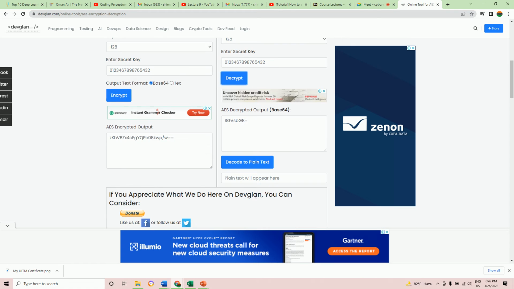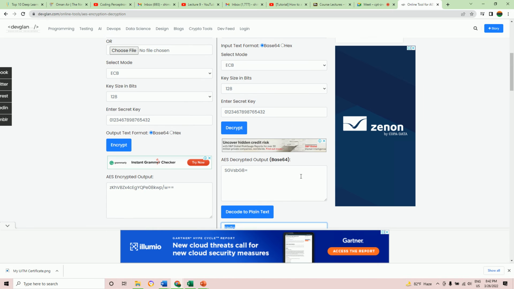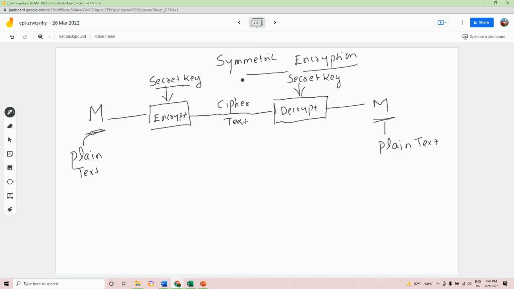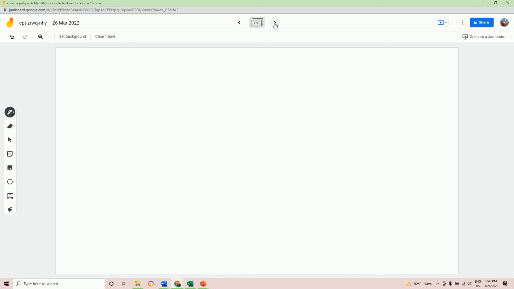Now you can see we got the plain text. So what you understand is the same key is used for encryption and decryption. This is called a symmetric cryptographic algorithm. The same key has to be used for a symmetric cryptographic algorithm. Now I am giving you an exercise with a diagram.